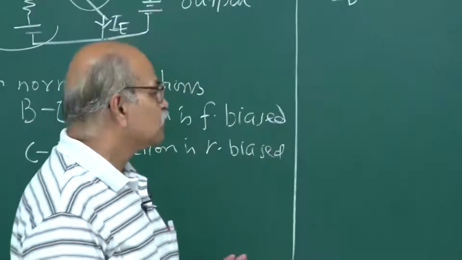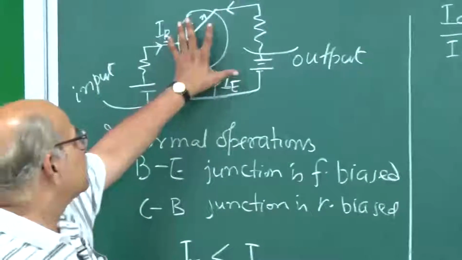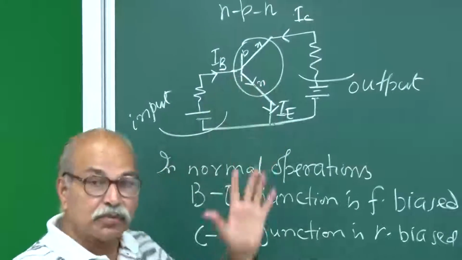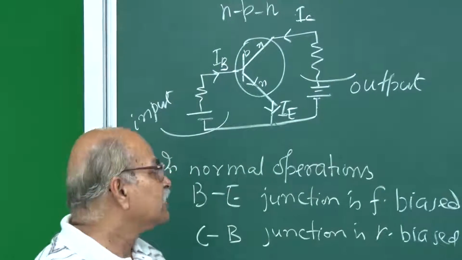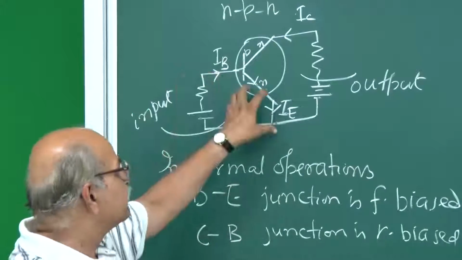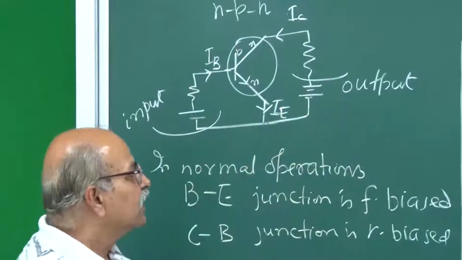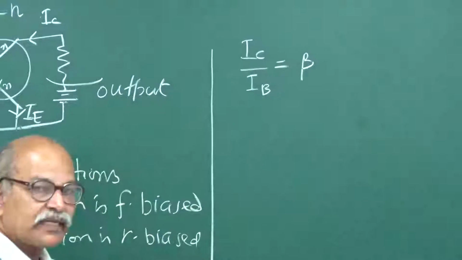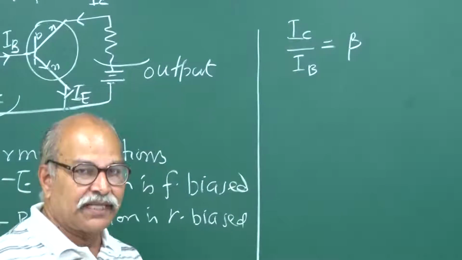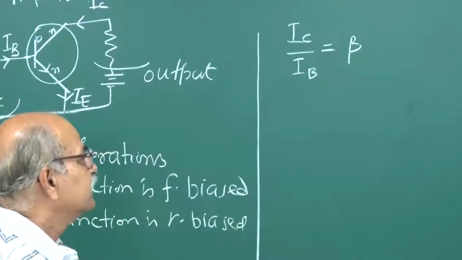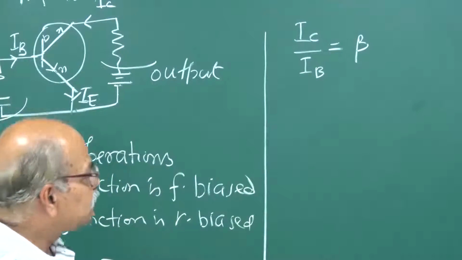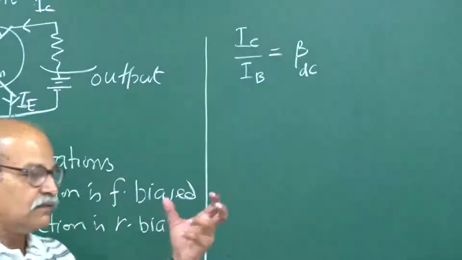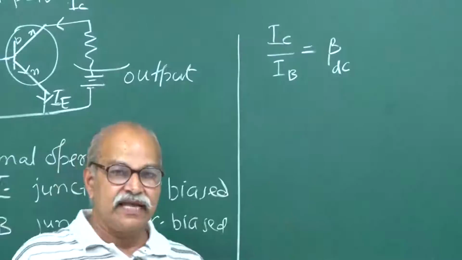So, it depends on all those things, but once the transistor is there, and the biasing is also proper, right, so that this mechanism does take place, then this IC by IB, known as beta, is constant over a fairly good range. Sometimes it is written beta DC, because we are just taking the ratio of IC and IB.